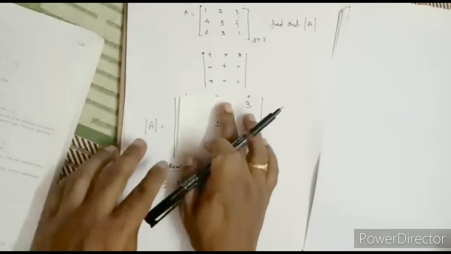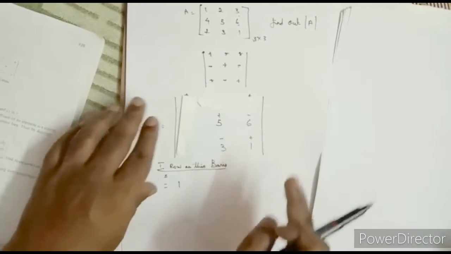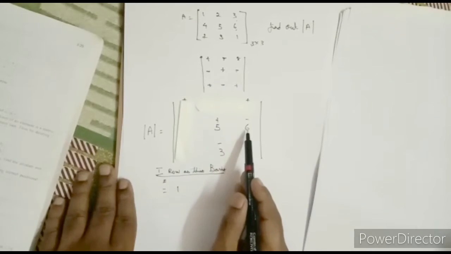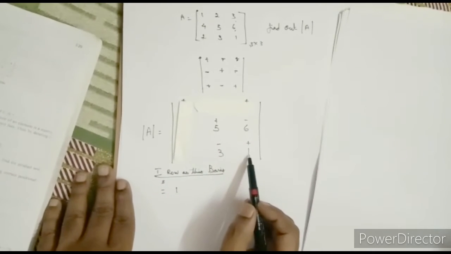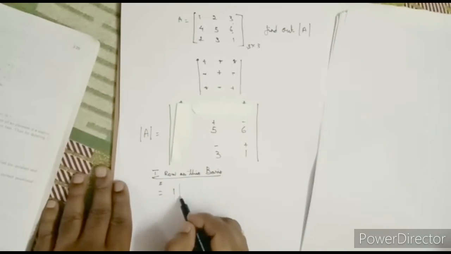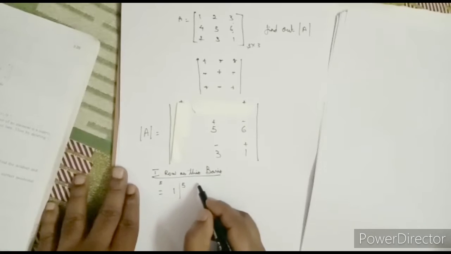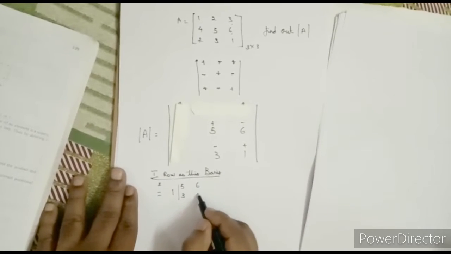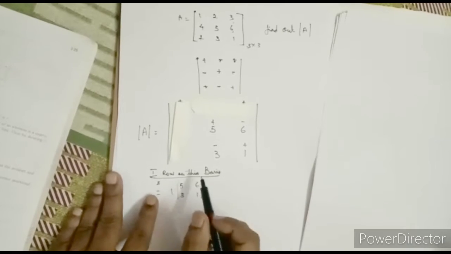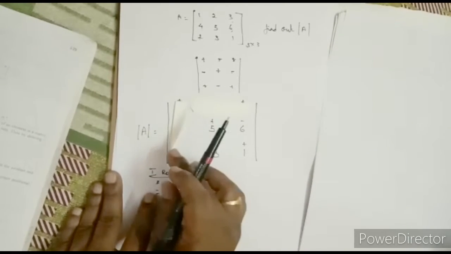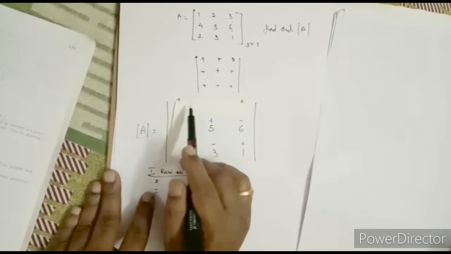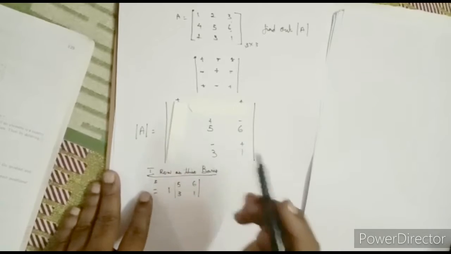First row as well as first column is closed. So now leftover elements are 5, 6, 3 as well as 1. So let me write that: 5, 6, 3 and 1. After taking the first element, I have closed the first row as well as the first column.